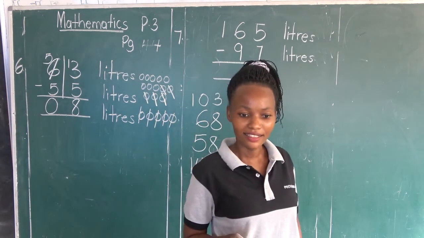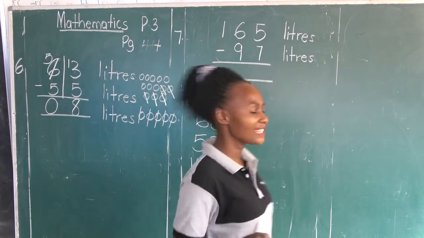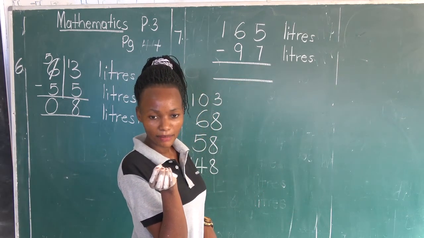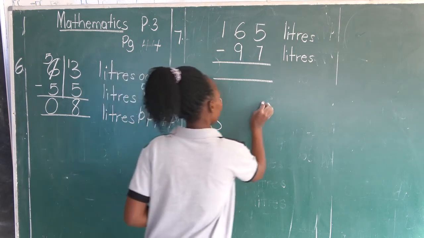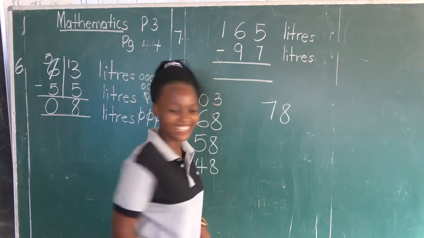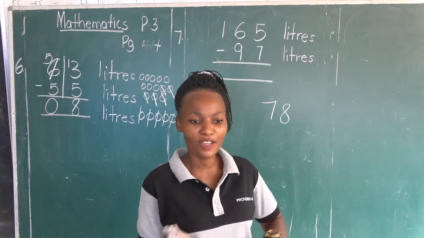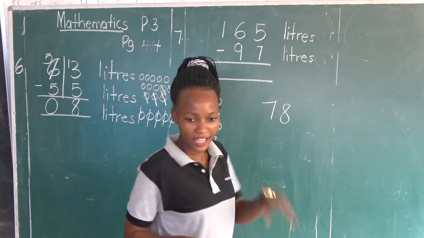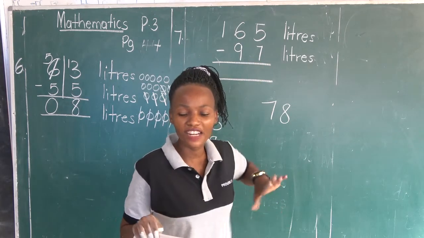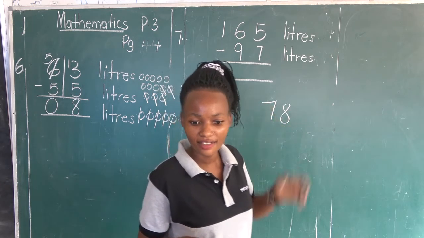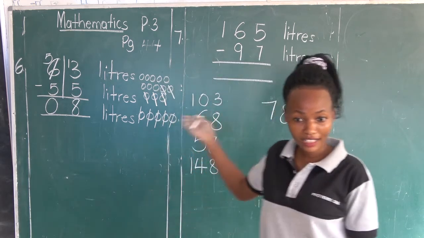Let me see. Yes, Barije, what have you got? 78. 78. Oh, teacher can see answers. What else? Just put up the hand and tell me the answer which you got. If your answer is already here, don't tell me. I need only different answers. Have you all got this?